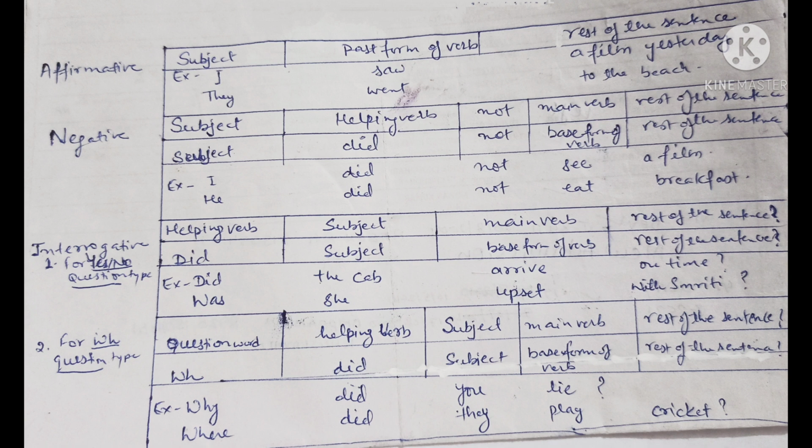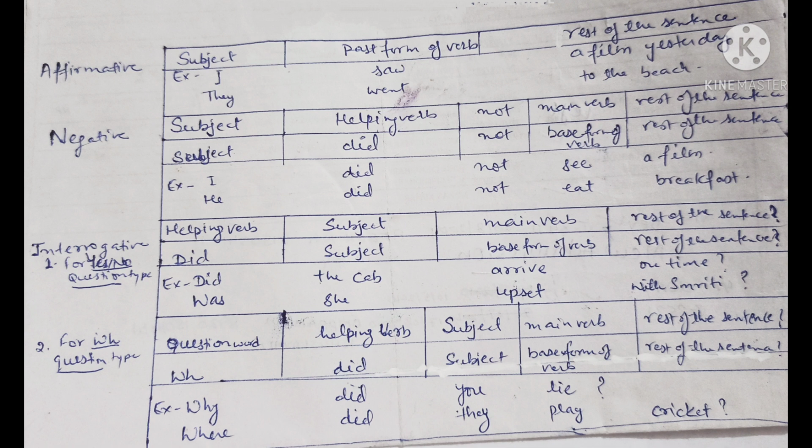The negative sentence structure would be subject, helping verb, then not, then main verb, then rest of the sentence. For example, I did not see a film, or he did not eat breakfast. Now there are two sentence structures for interrogative.